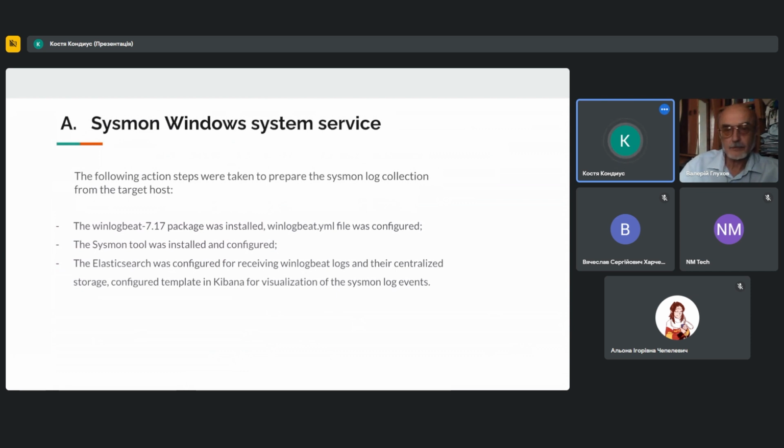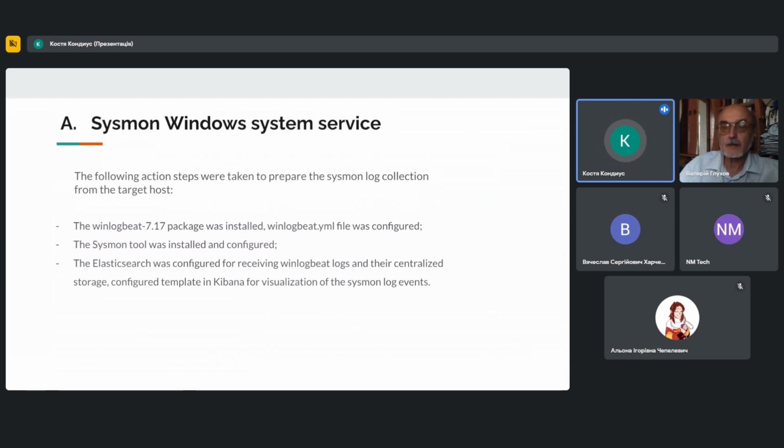System Monitor, or SYSMON, is a device driver and Windows system service that remains resilient across system reboots. It provides detailed info about network connections, process creation, and file creation time changes, designed to monitor and log system activity in Windows event logs.